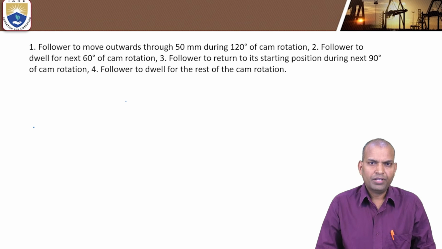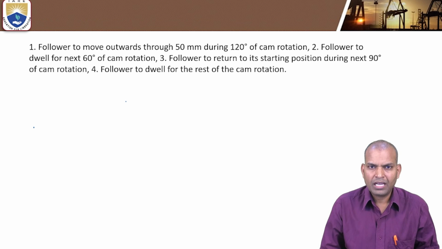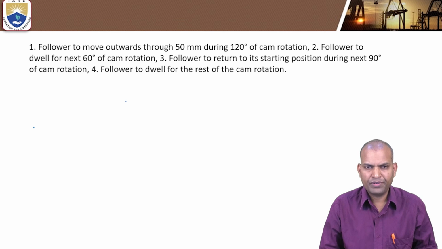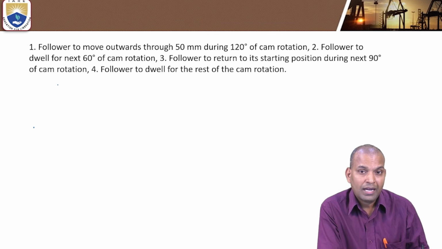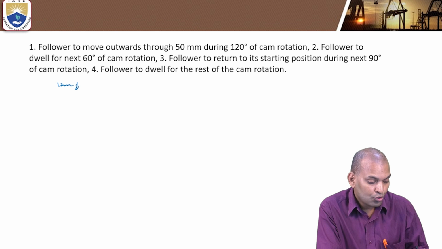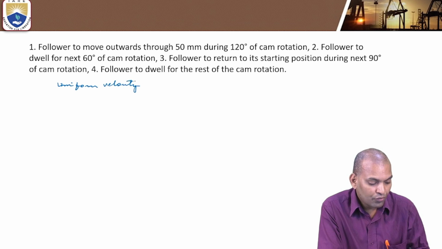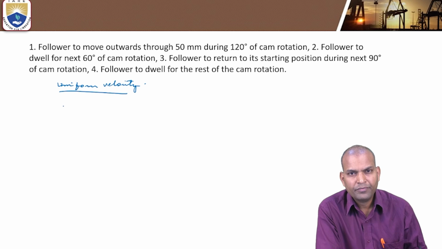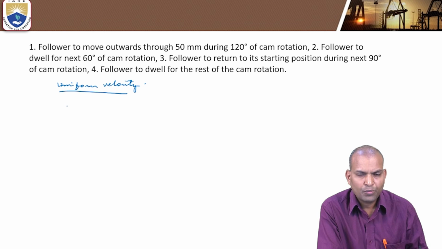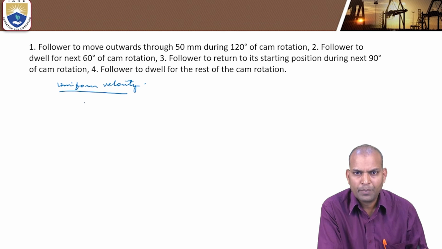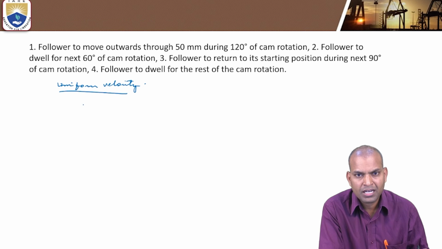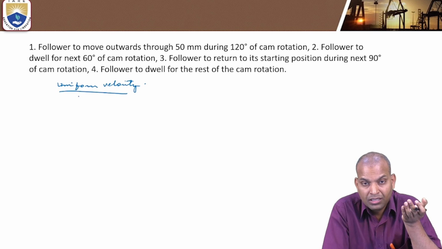Next, if the cam is rotating at a constant speed and the follower has a motion of uniform velocity, then we have to find out the maximum velocity. Suppose it is having uniform acceleration and retardation, then we again have to find the maximum velocity and the maximum acceleration during outstroke.